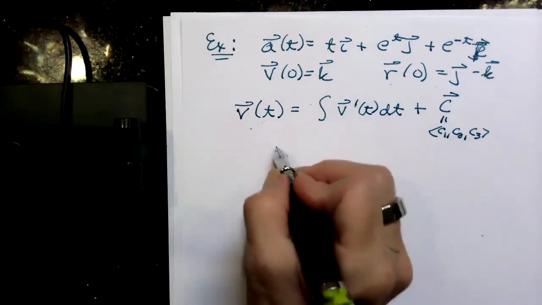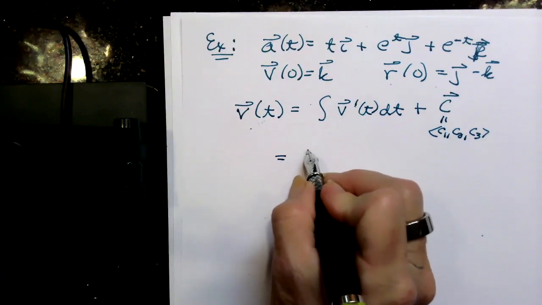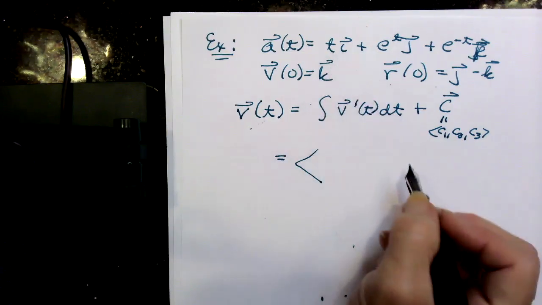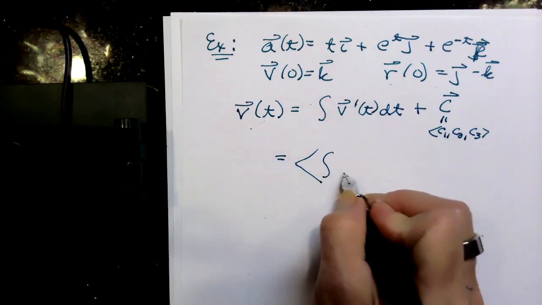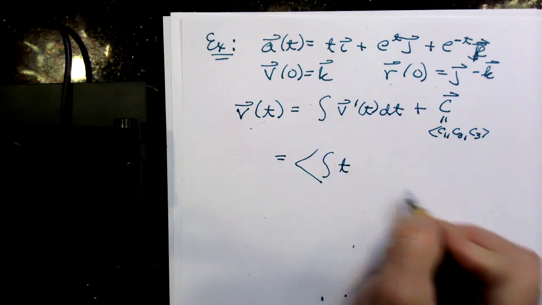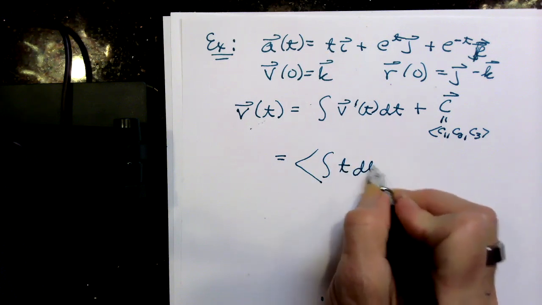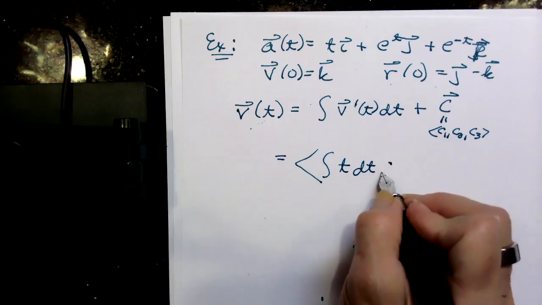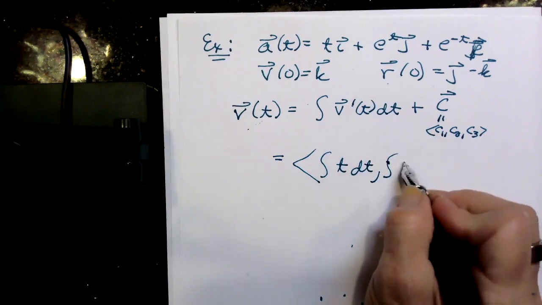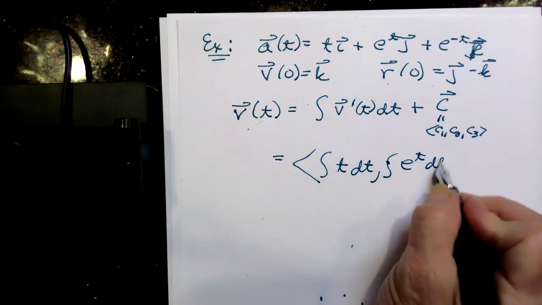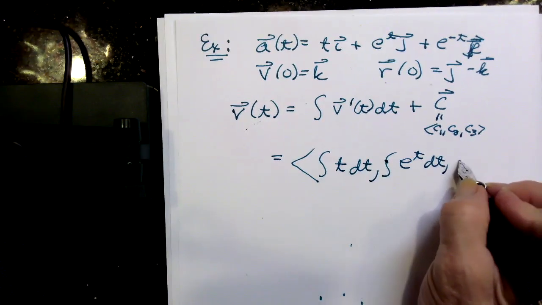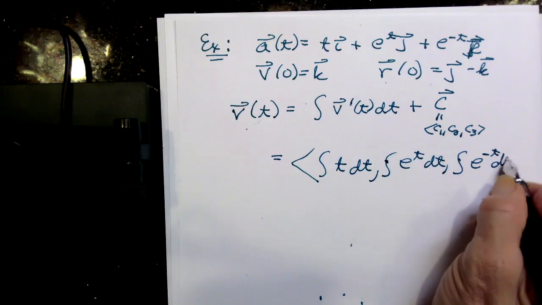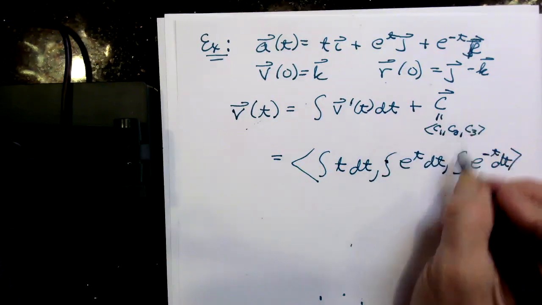And v prime is the acceleration. So this is going to be the integral of, and let me do it component-wise, the integral of t dt, and then the integral of e to the t dt, and then the integral of e to the minus t dt, and then I get that arbitrary constant.